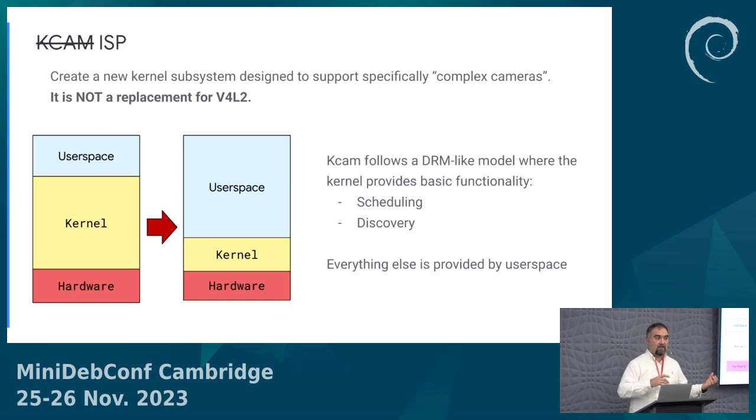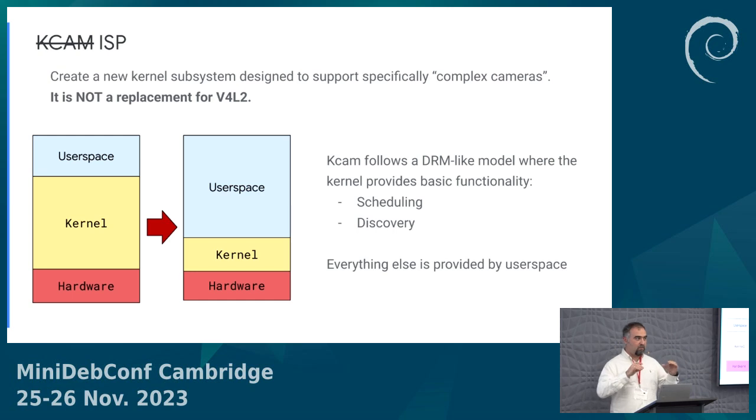we have an API that doesn't properly represent how the hardware looks. Our proposal is to make an API which fits the current hardware. It's good for complex cameras. And the proposal is not novel. We haven't invented the wheel. We are just copying what the DRM people are doing.